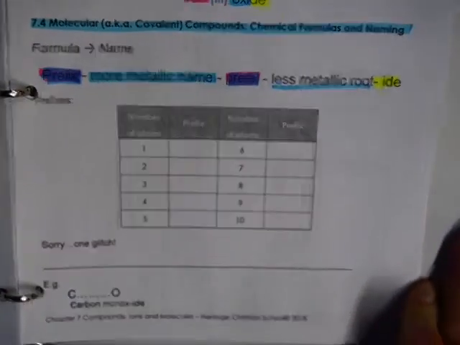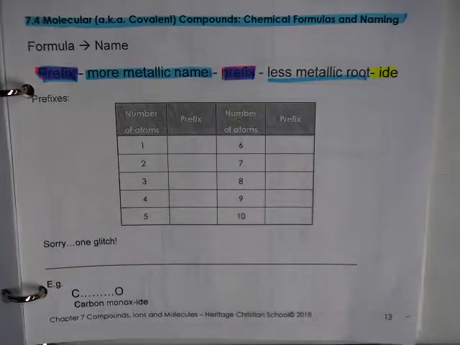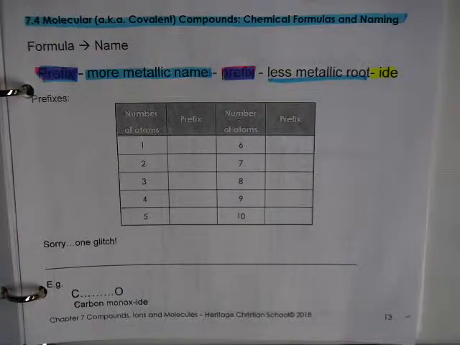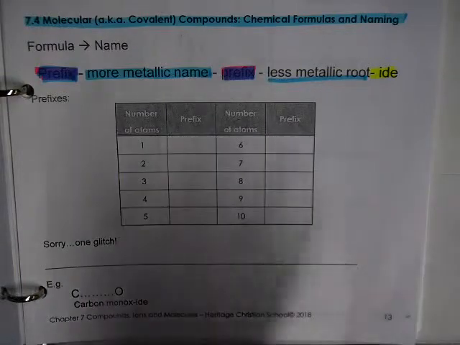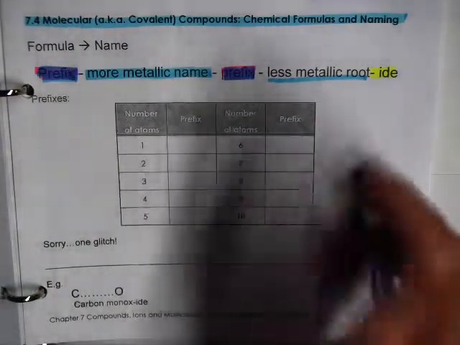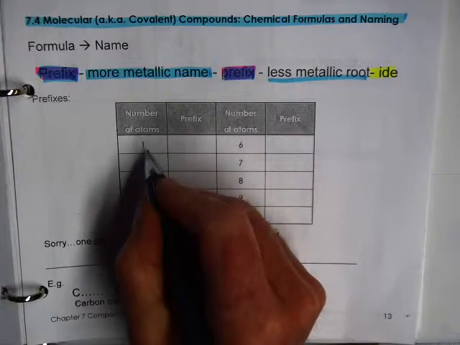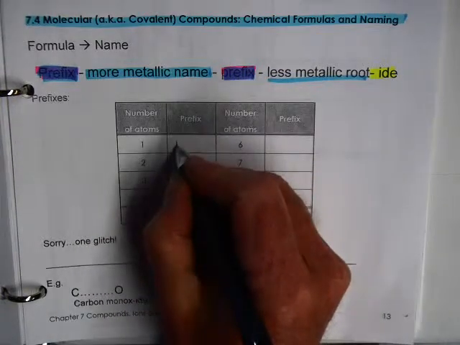These words are all based in, I'm not sure now, it's either Latin or Greek. I can't remember. Anyway, these are the prefixes. Where's my pen? There it is. For the number of atoms being 1, the prefix is mono.